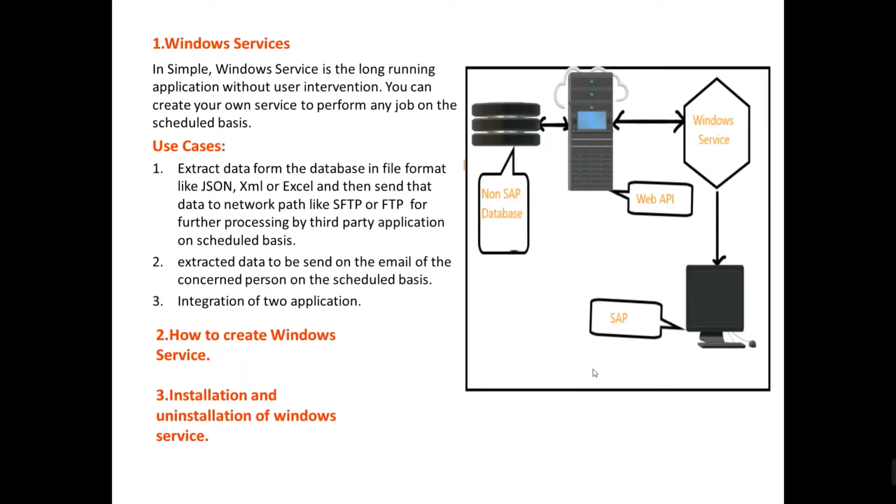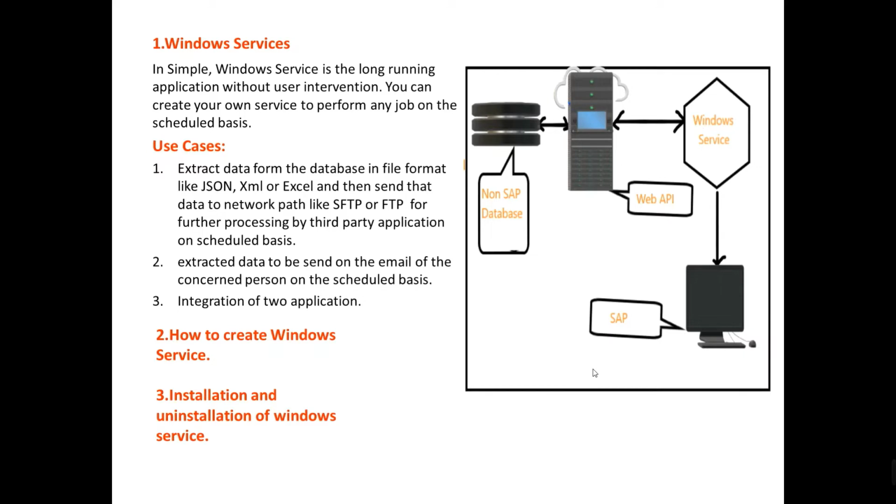First, suppose you want to extract data from the database in file format like JSON, XML or Excel, and then send the data to a network path like SFTP or FTP for further processing by a third-party application on a schedule basis.